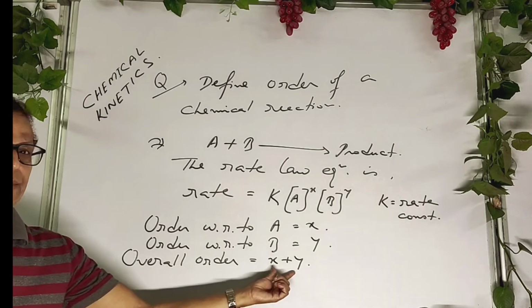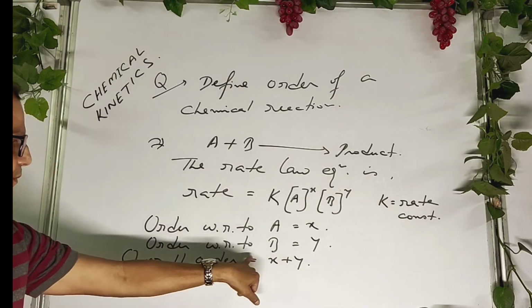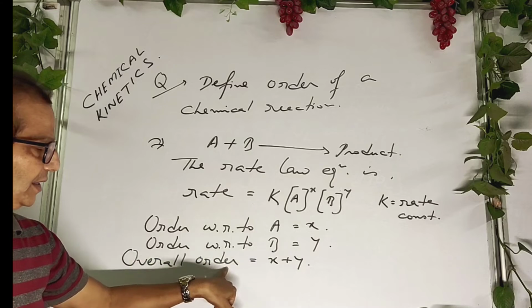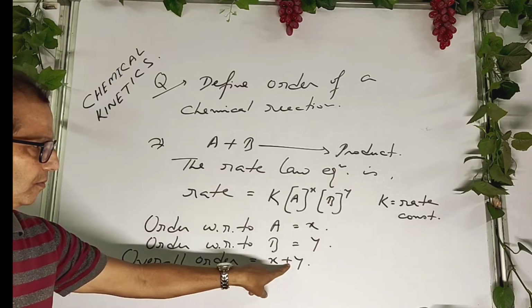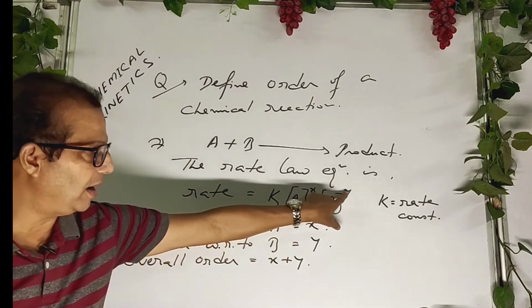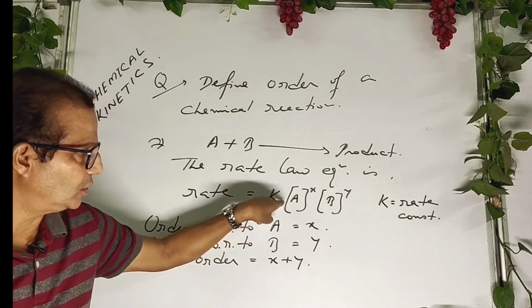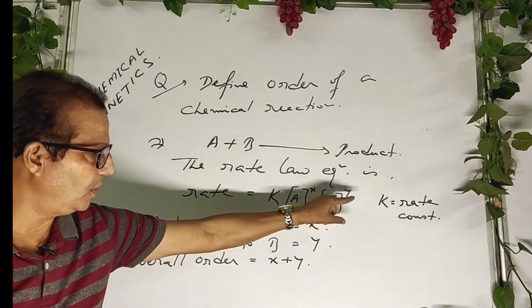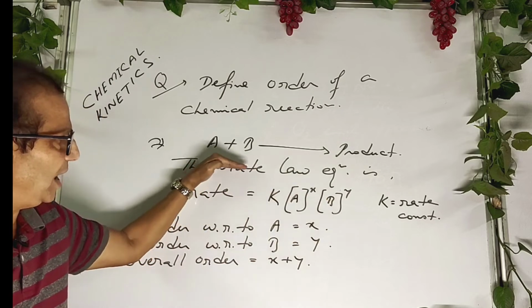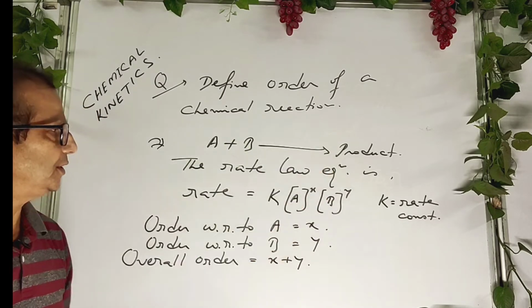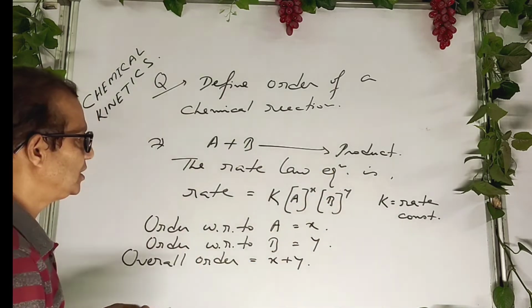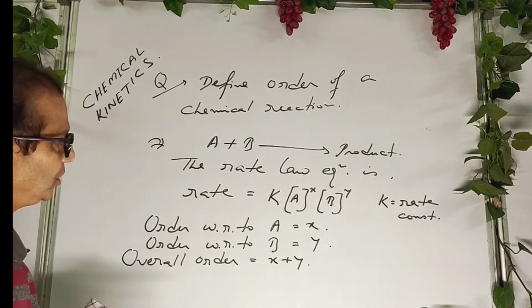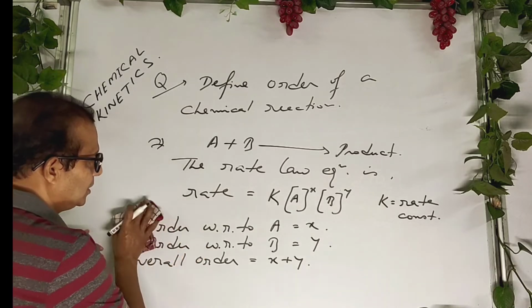So how to write the definition of order? Listen, order is defined as the sum of power of concentration of reactants in the rate law equation. Write the definition with me.